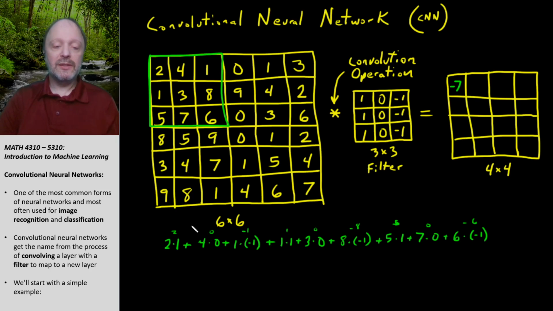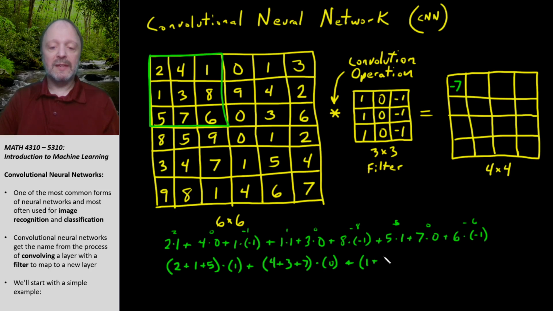So I could do something that looks like this based on math. 2 plus 1 plus 5 times 1, plus 4 plus 3 plus 7 times 0, plus 1 plus 8 plus 6 times -1. Right, I just reordered this into a much more compact and easy to read thing.